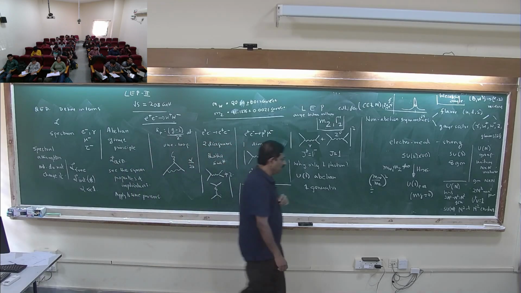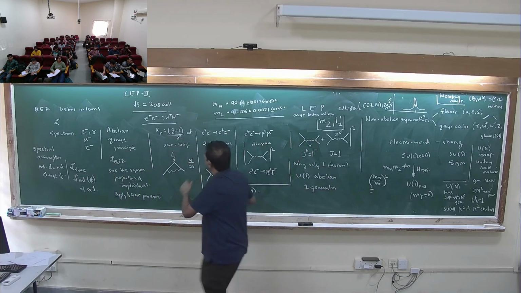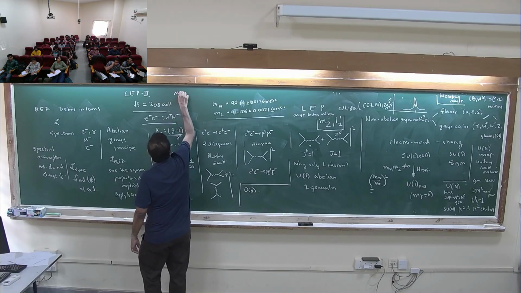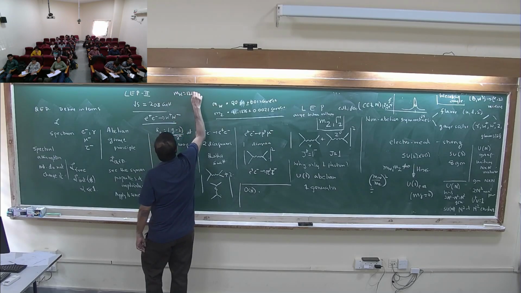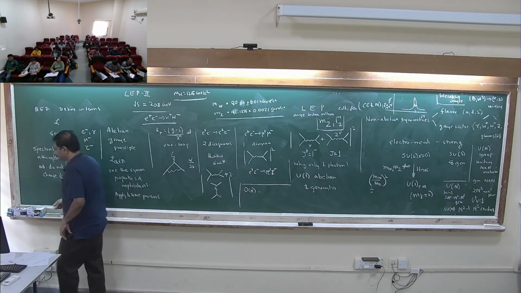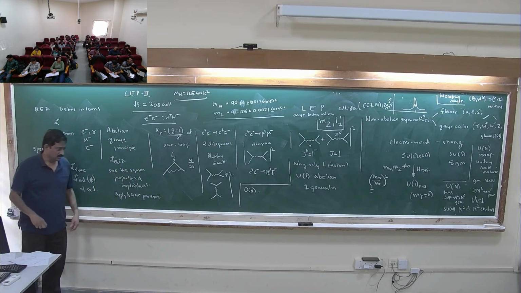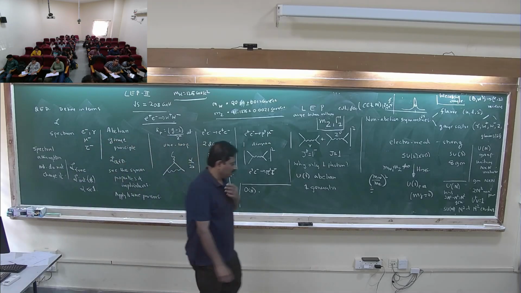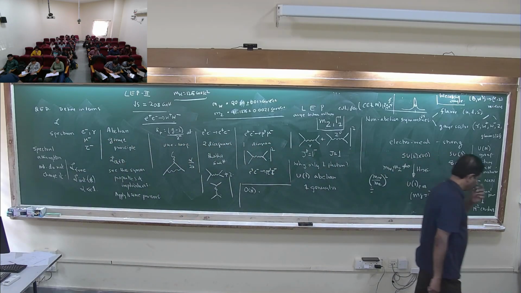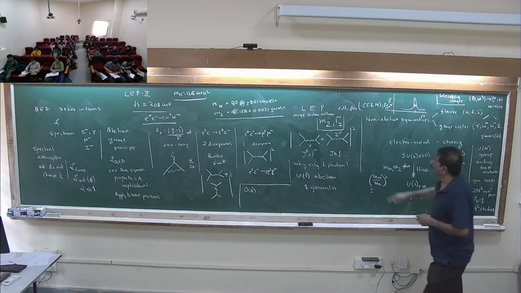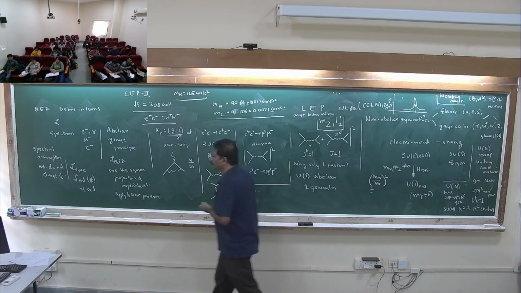Why? What's the mass of the Higgs? 125 GeV. Maybe it was produced in LEP, but it's definitely not detected and one could not say that it was actually produced. What happened to this LEP? Any idea what happened to that?